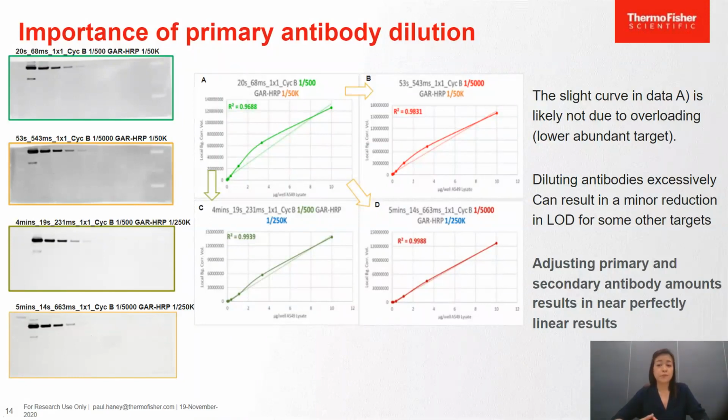When we diluted both the primary and secondary antibody together, the linearity of the curve was even better. And this shows that adjusting both primary and secondary antibody amounts results in near perfectly linear results. However, take note that diluting your antibodies excessively can result in minor reduction in the limit of detection for some other targets.